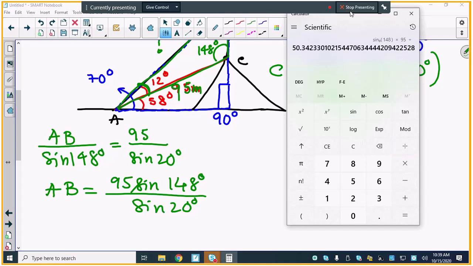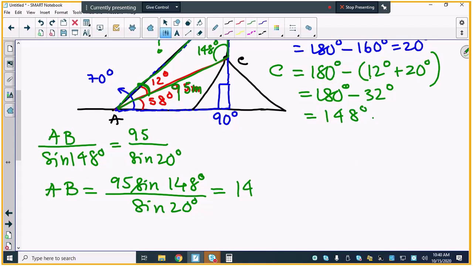And finally, we're going to divide that quantity by the sine of 20. So that's 147.1911. The unit is in miles, so we'll say that is my answer to the question.